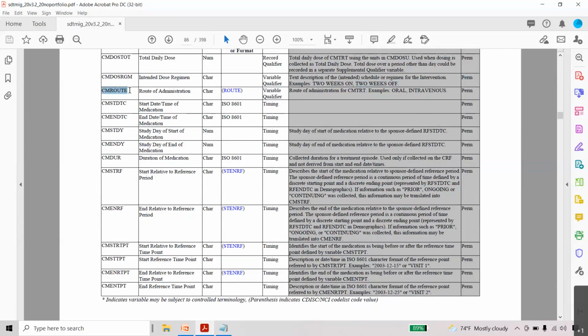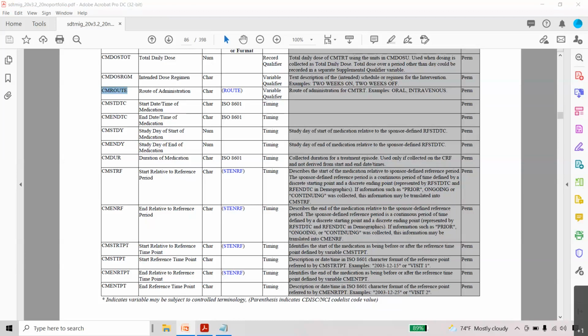Next one is CM route of administration of that particular medication. There are some routes for medications, like intramuscular, ocular, intravenous, nasal, oral, rectal administration, subcutaneous, sublingual, topical, vaginal, transdermal.